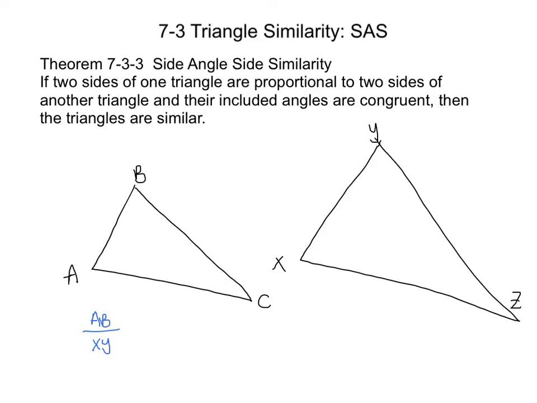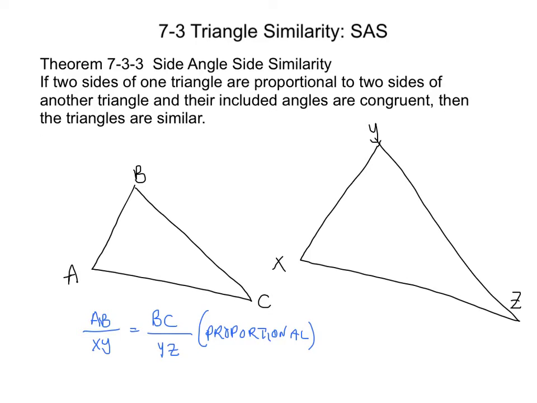So if this ratio of AB over XY is equal to, let's say, BC over YZ, so again the corresponding sides, BC, YZ. If we have this proportion right here, whatever this ratio is and whatever this ratio is, if they are equal to each other, what we know is that those side lengths are proportional.